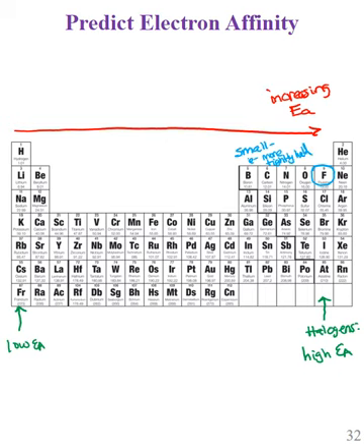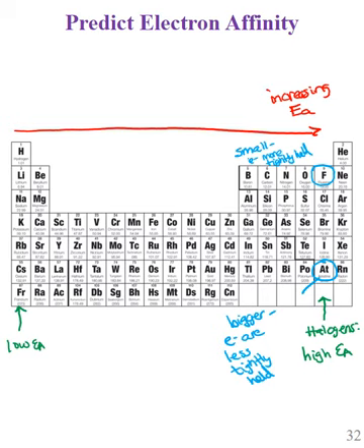Now if I look at astatine on the other hand, astatine is going to be bigger. If it's bigger, that means the electrons are less tightly held. Now, which one do you think will have more of a dramatic effect if it gains an electron? Something that's small or something that's big?